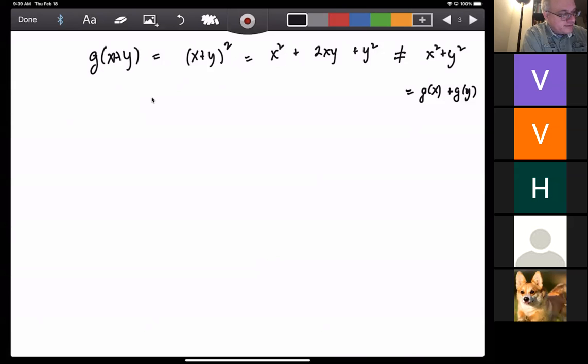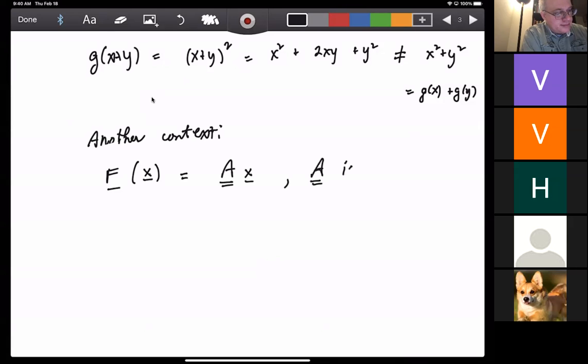So maybe we have something like this, f of x equals Ax, where A is a constant matrix.